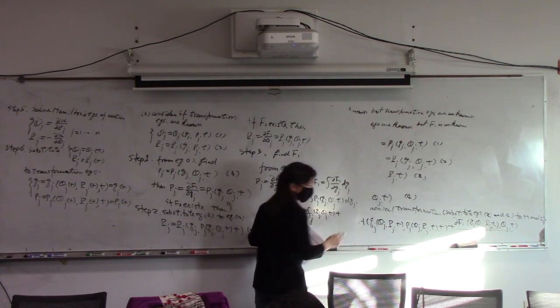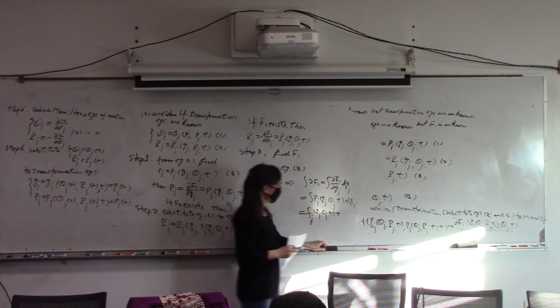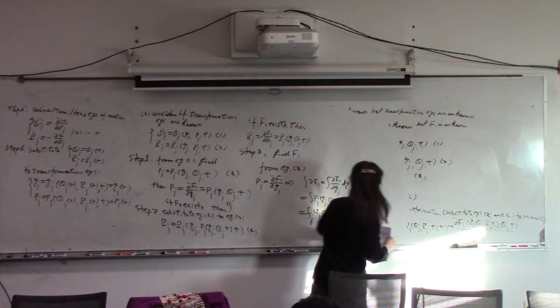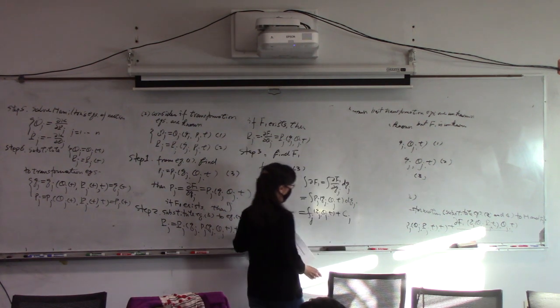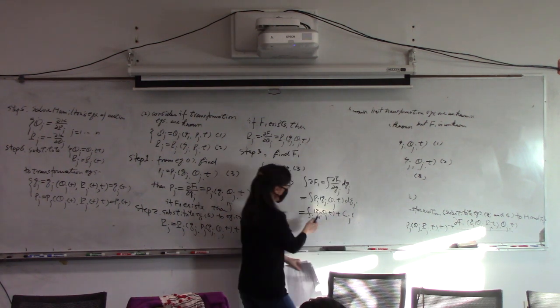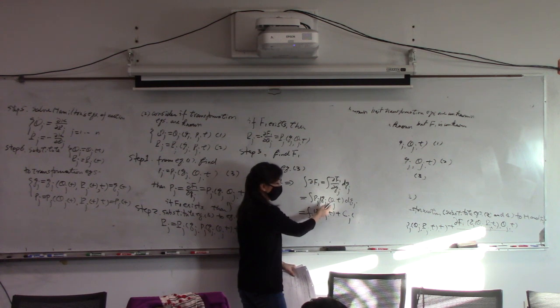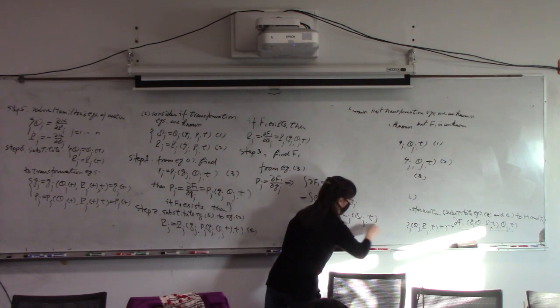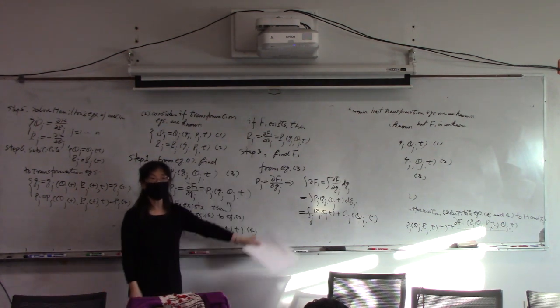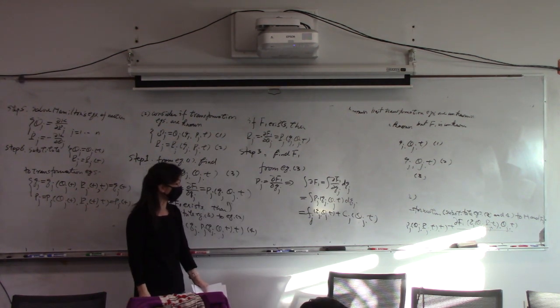But we have a constant. This constant C must be a function of capital Qj and time, since we didn't do the integral with respect to capital Qj and time.